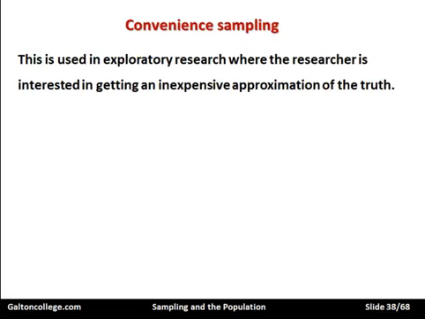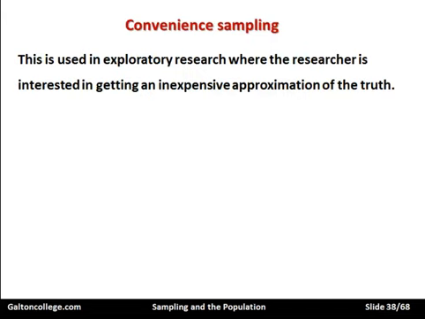Convenience sampling. Well, this is non-probability. This is used in exploratory research where the researcher is getting an implicit approximation of the truth. Convenience is the researcher just trying to figure out what's going on, trying to figure out the characteristics of the population and just taking what is convenient.